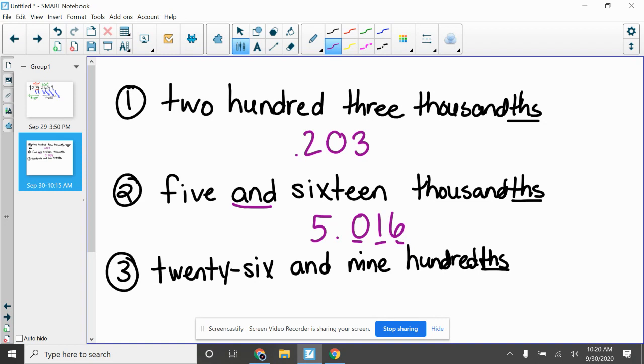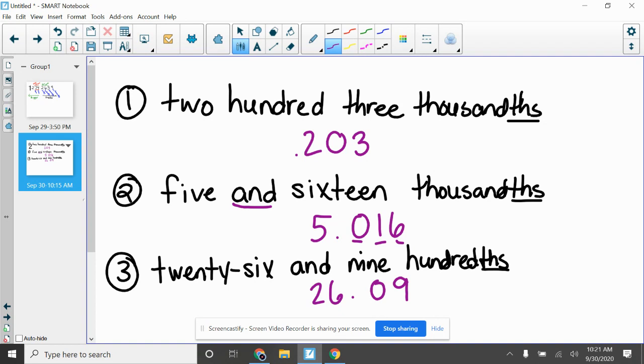Okay. Number 3. Sophia, number 3. The word part is 26 and 900. Good. So what's it look like? So, let's write it: 26, decimal, 0, 9.